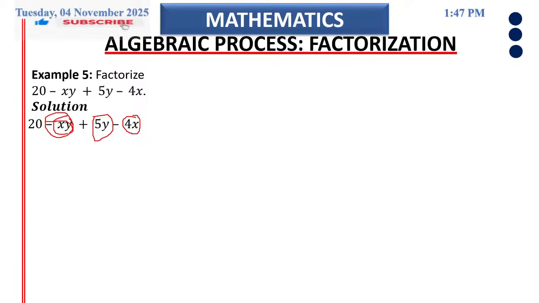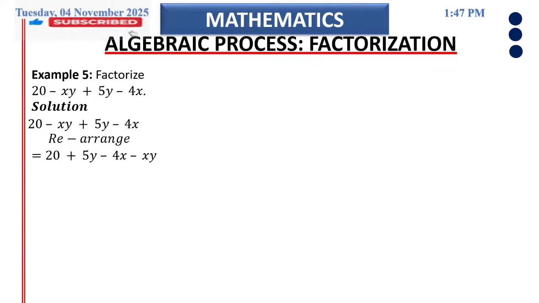So from what you have here, what I simply did was to rearrange. I took the 5y to the 20, and minus xy goes to the minus 4x.